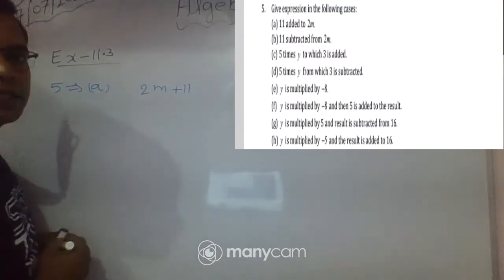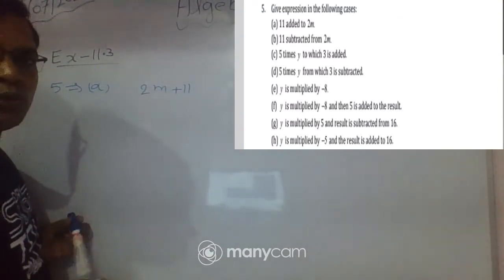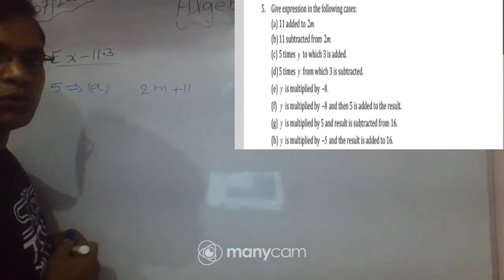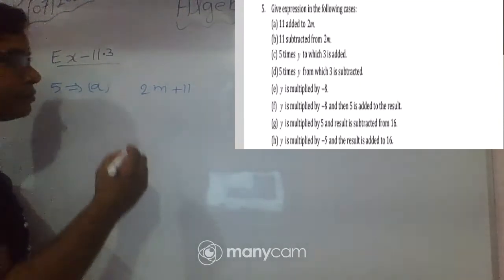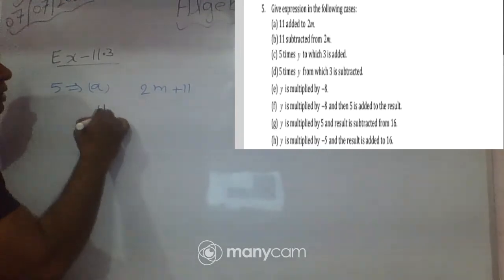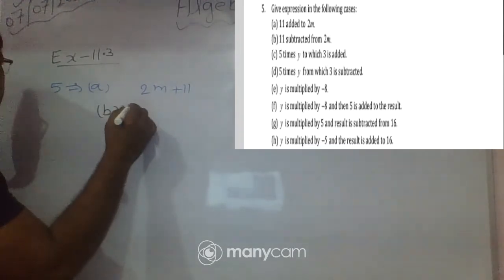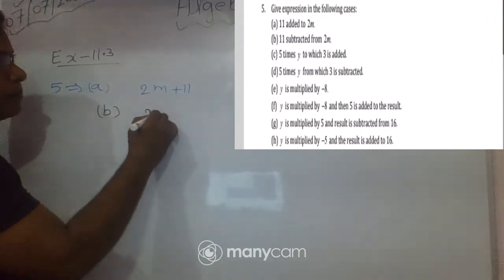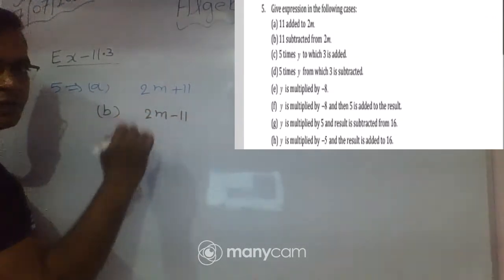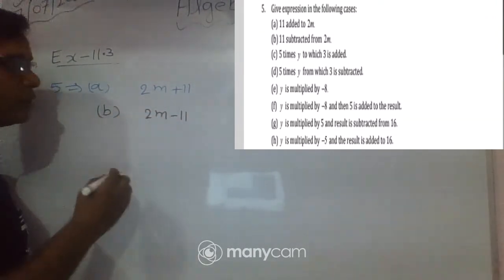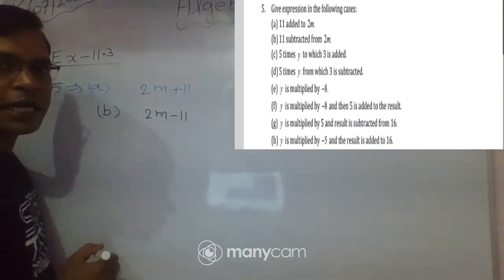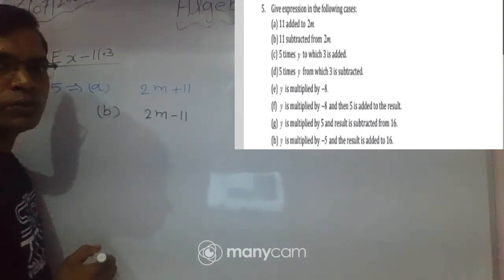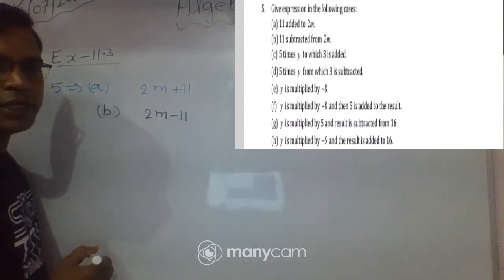Now B part, 11 subtracted from 2m. So this is B part. 2m minus 11.